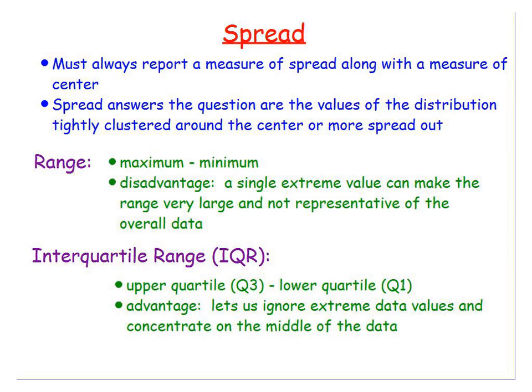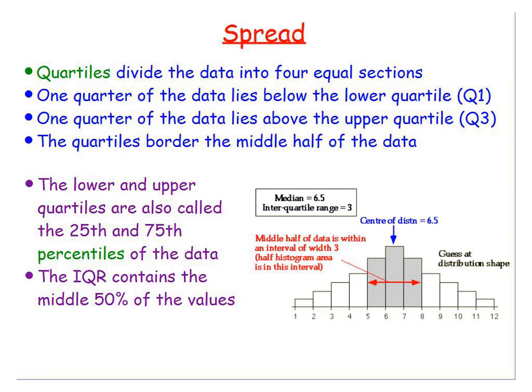Because we're only using the quartiles instead of the maximum and the minimum, it lets us ignore those extreme values, whether they're low or high, and only concentrate on that middle part of the data where a majority of it is located. So if you are calculating the median and you're reporting the median, along with the median, you must always report the interquartile range. They go together.